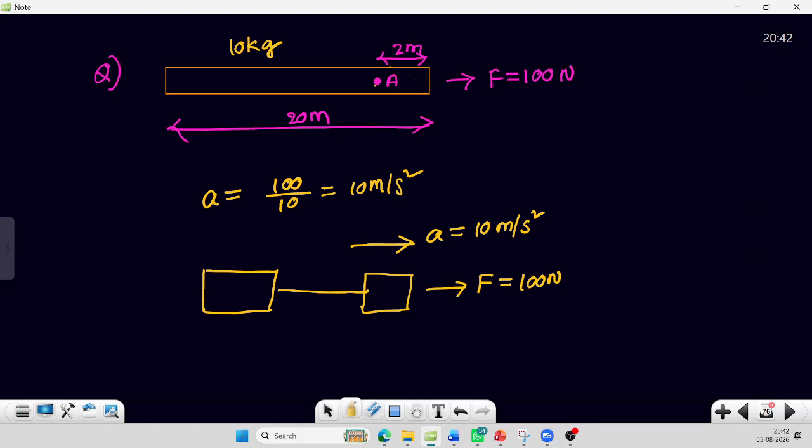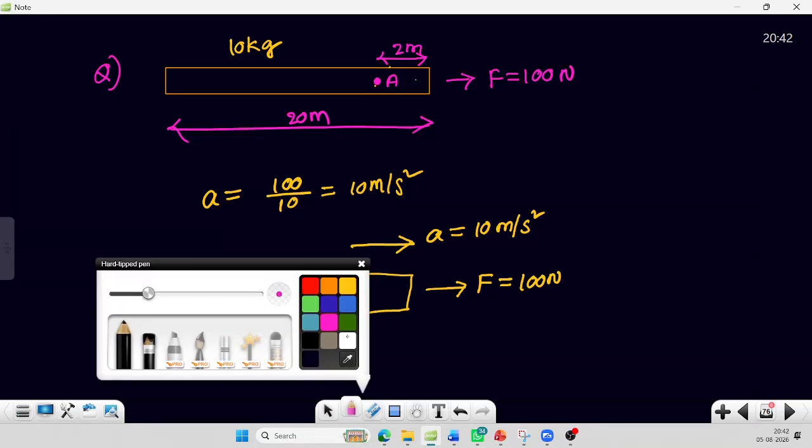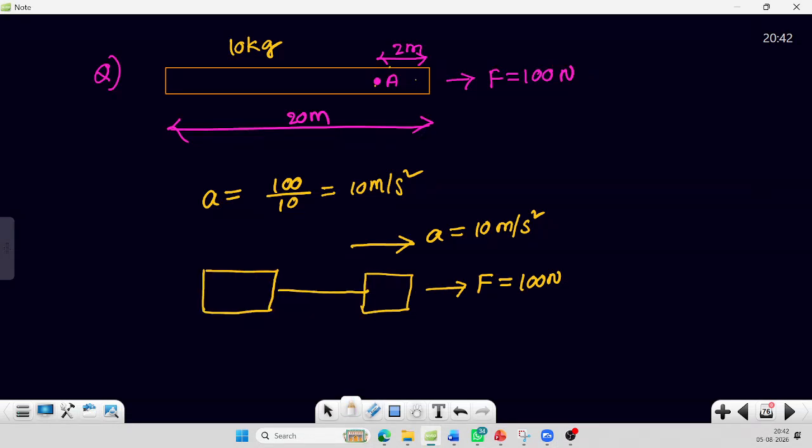Now we need to find the mass of these blocks. Tell me the mass. When the length is 20 meters, the mass is 10 kg.